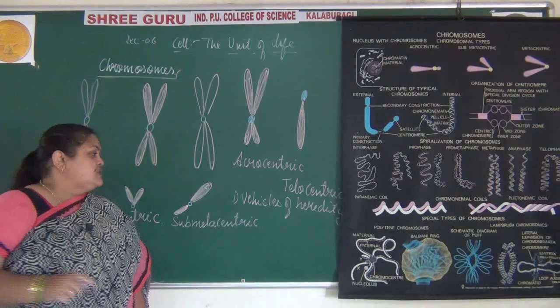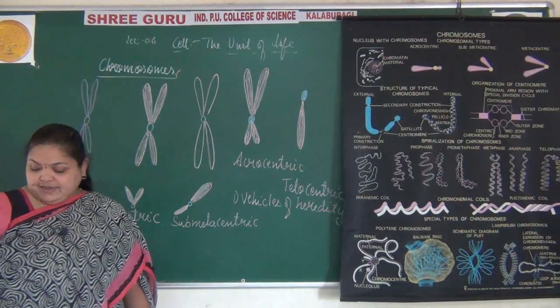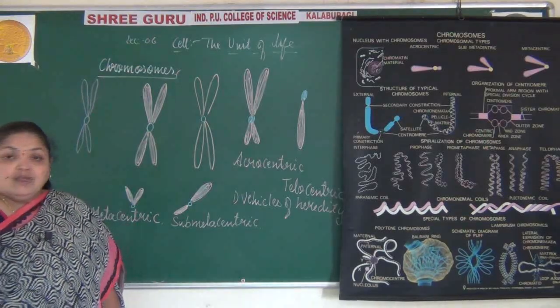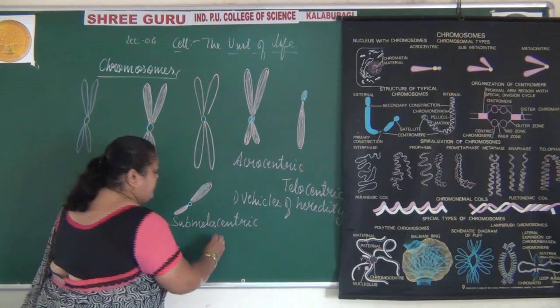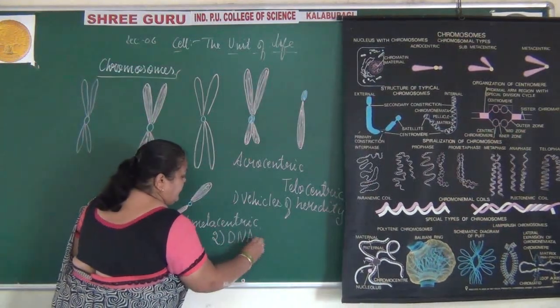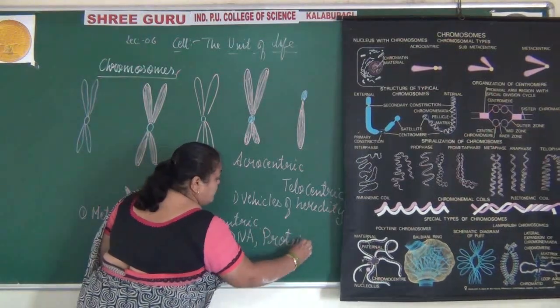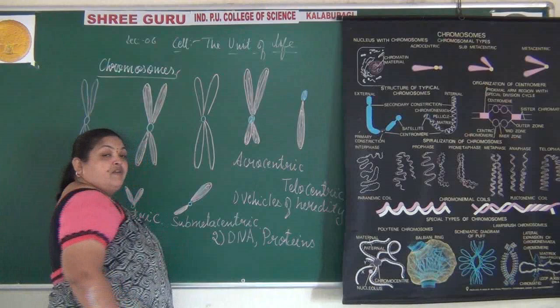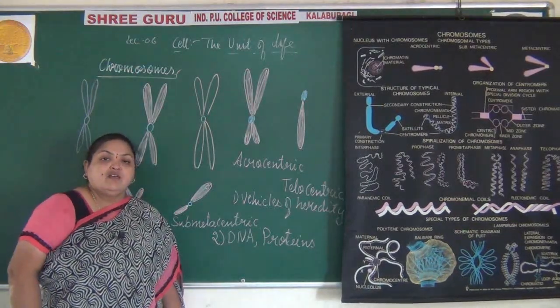So chromosomes are regarded as the vehicles of heredity, and moreover, in the process of cell division, they are involved in the synthesis of DNA and proteins, which are very much required for the metabolic activities of the cell.